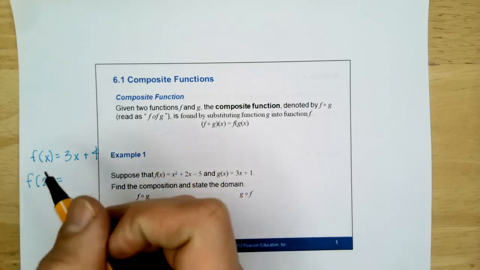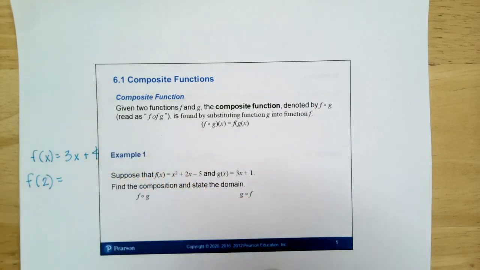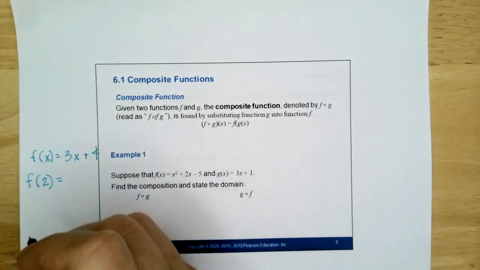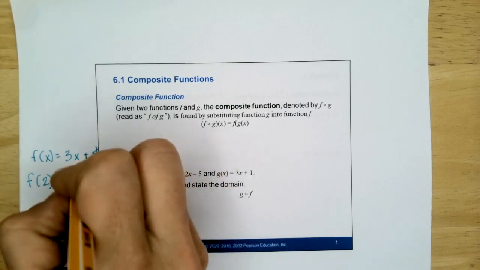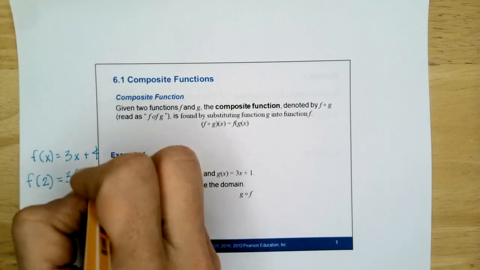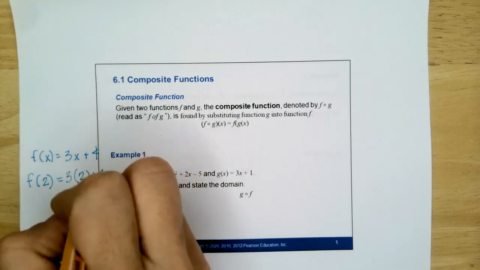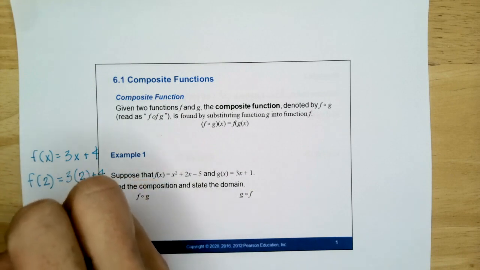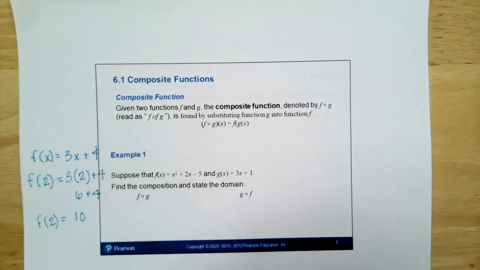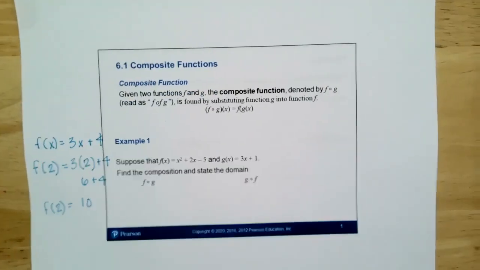You take the 2, substitute it into f of x for the x. So f of 2 is equal to 3 times 2 plus 4. 3 times 2 is 6. 6 plus 4 is 10. So we say f of 2 is 10 because f of x is 3x plus 4.